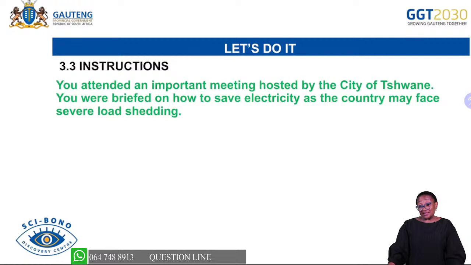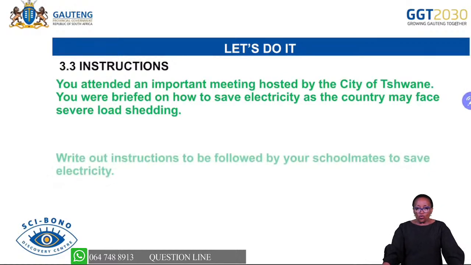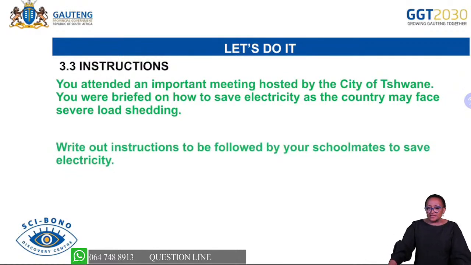And because you attended this important meeting, which was hosted by the city of Tshwane, where they briefed you on how to save electricity, you thought this is something that is very good. So you want to write out instructions to be followed by your classmate or your schoolmates to save electricity.